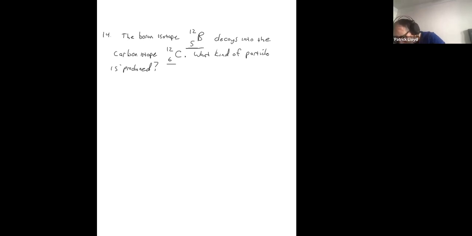Let me just very briefly show, right over here, we have our alpha particle, and remember, that's written as He with 2 and 4. The beta can be written in different ways, but one way is to write an e with a -1 as the atomic number and 0 as the mass number.